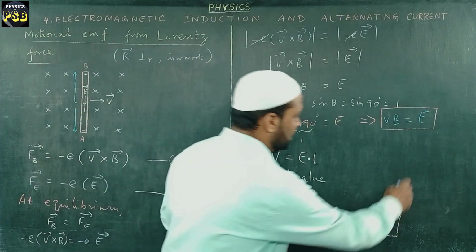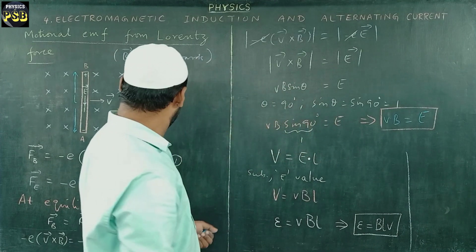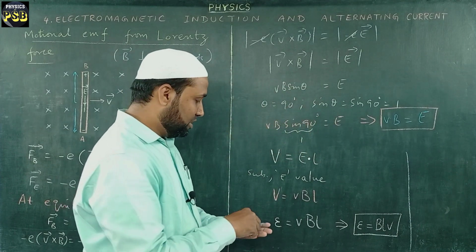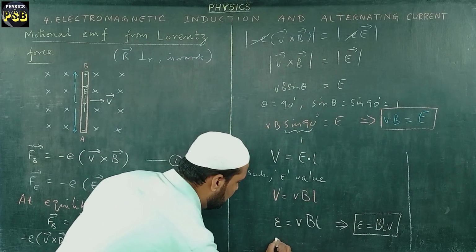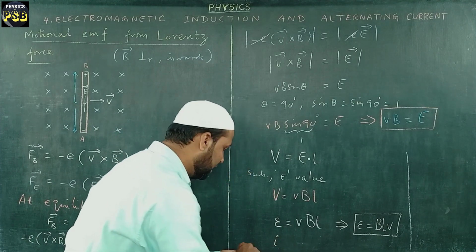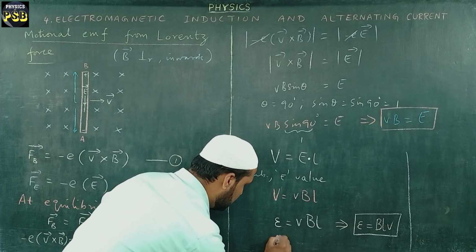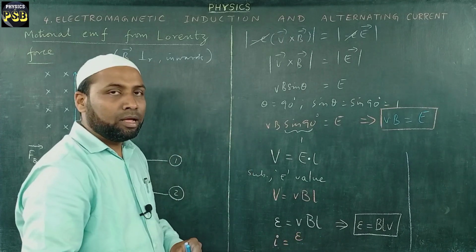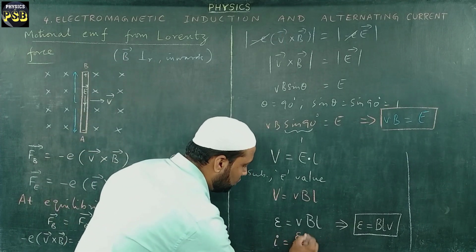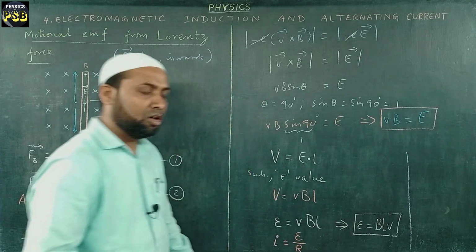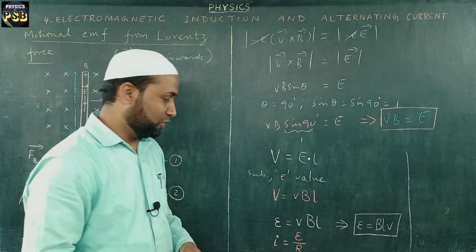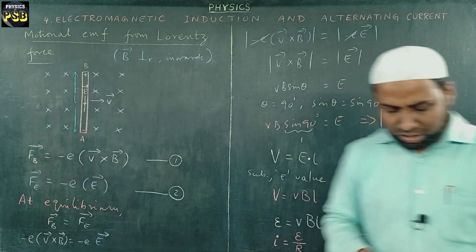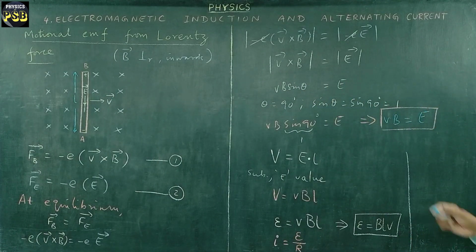Now, suppose this conducting rod is connected to an external circuit. In that case, a current will flow in the circuit, and that current is taken as I and is equal to the ratio of EMF and the resistance offered by the external circuit. This we have obtained using Ohm's law. What is Ohm's law?